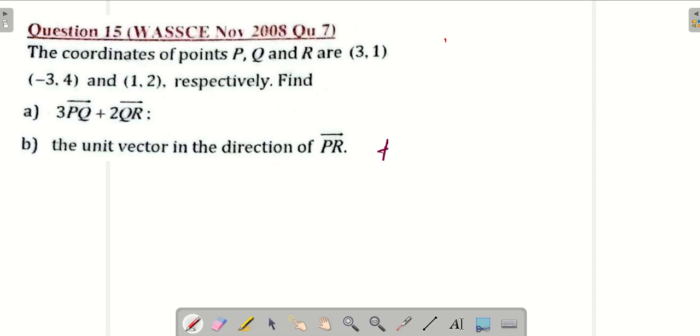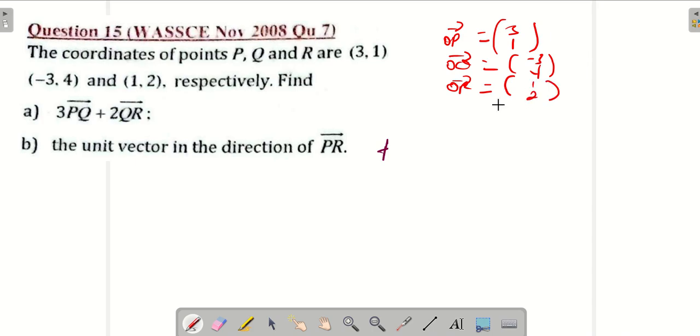So we have OP equal to (3, 1), then OQ equal to (-3, 4), then OR equal to (1, 2).